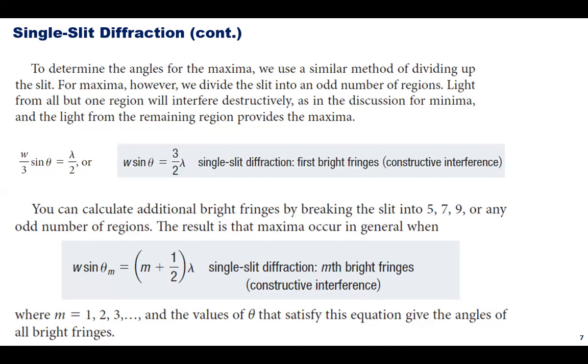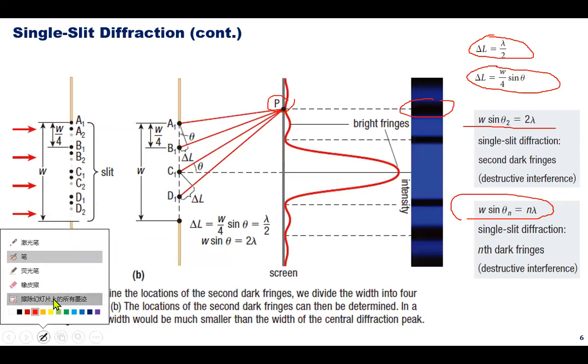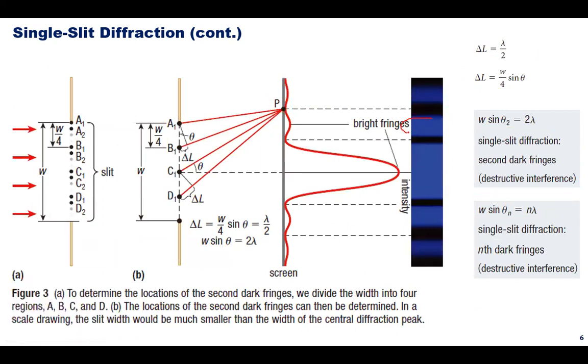Light from all but one region will interfere destructively, as in the discussion for minima, and the light from the remaining region provides the maximum. So to calculate the first maximum after the central peak, which is here, okay? This is called the first maximum after the central peak. There are two of them.